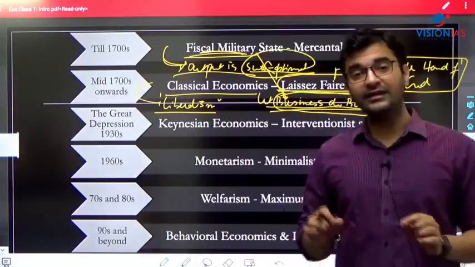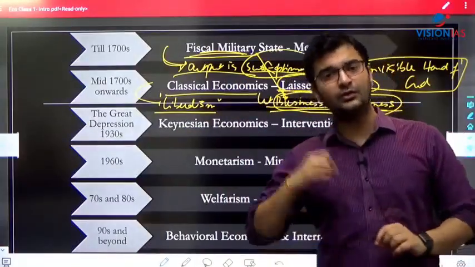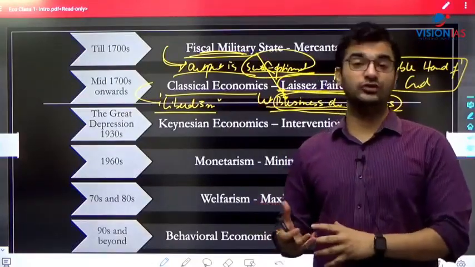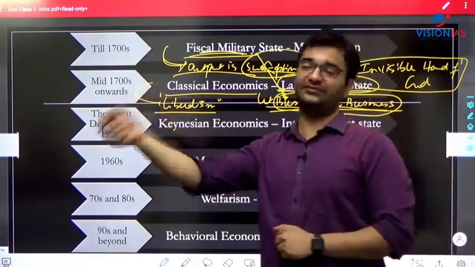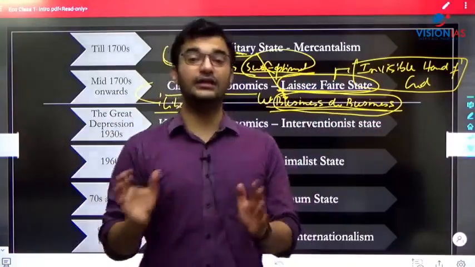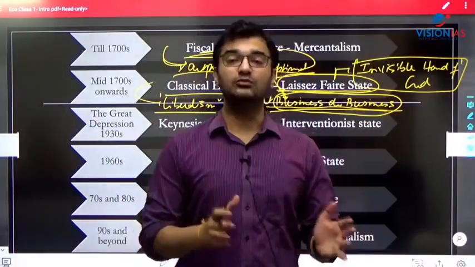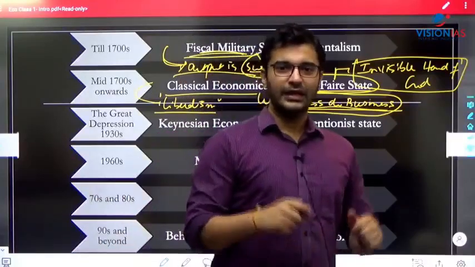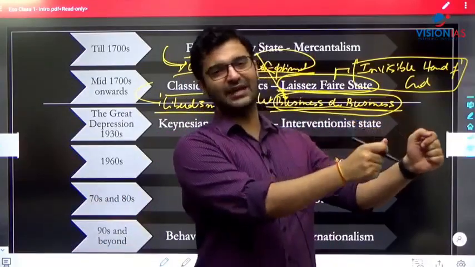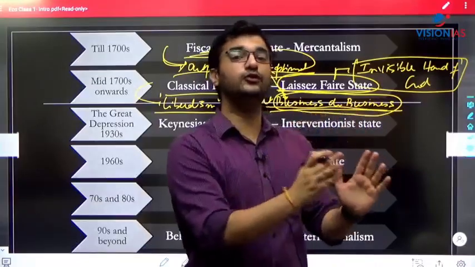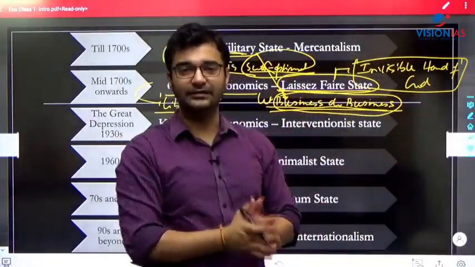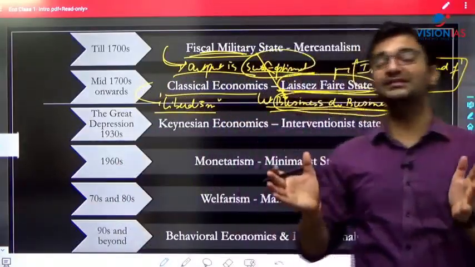However, when everybody works in their own self-interest, that will automatically produce society's best self-interest. 1 and 1 is 11. 1 plus 1 is equal to 11. The sum of the whole is greater than the sum of parts. Every part working towards maximizing its output will lead to maximizing the output of the entire whole. That is what classical economists argue.